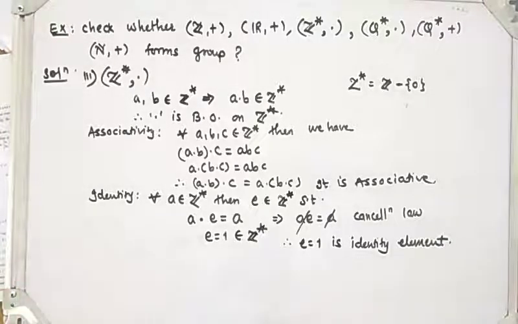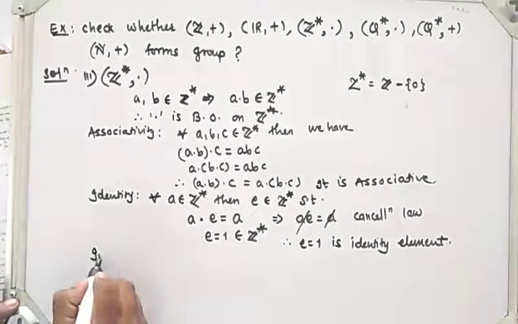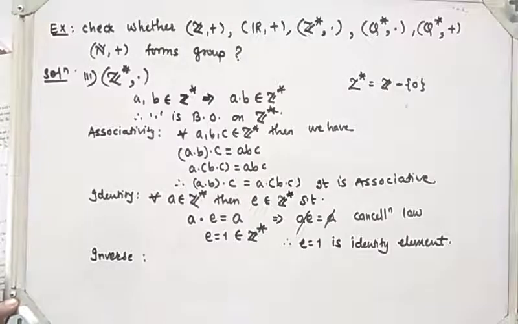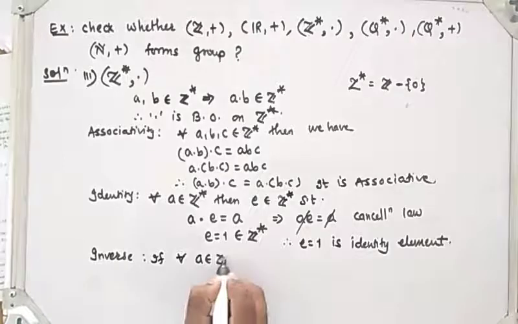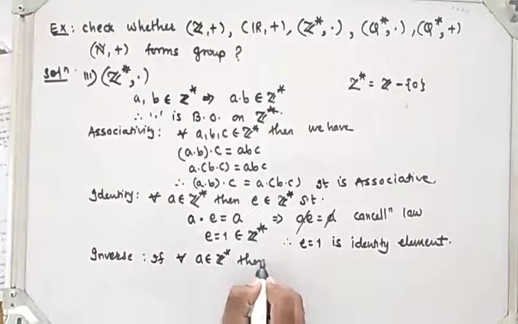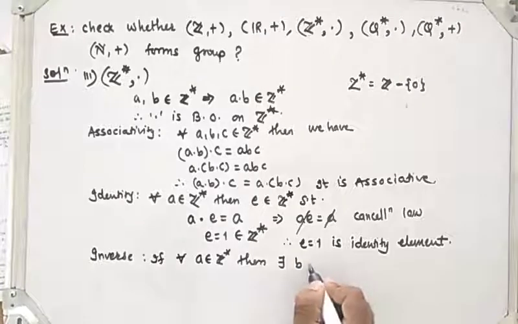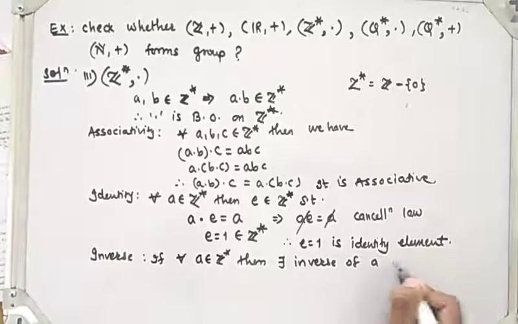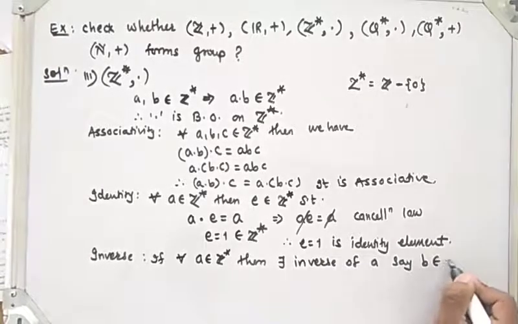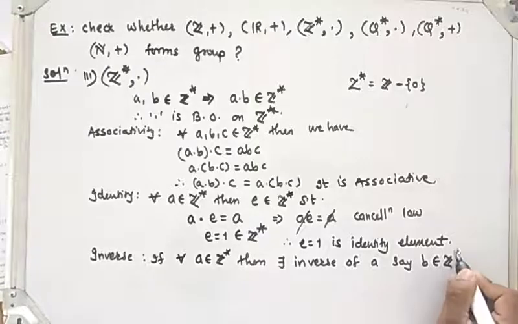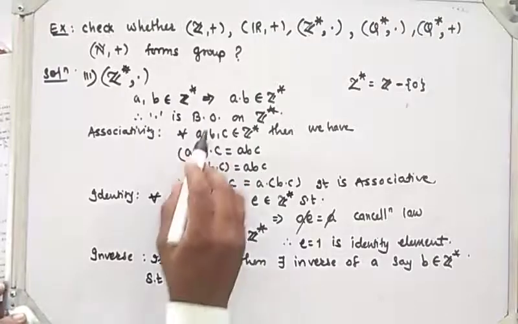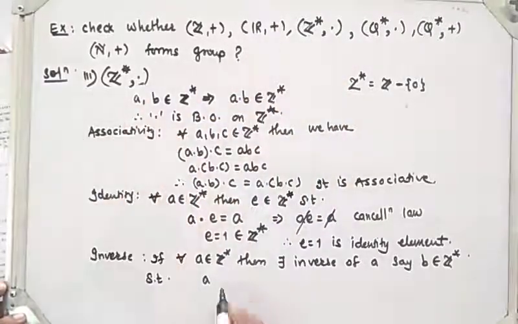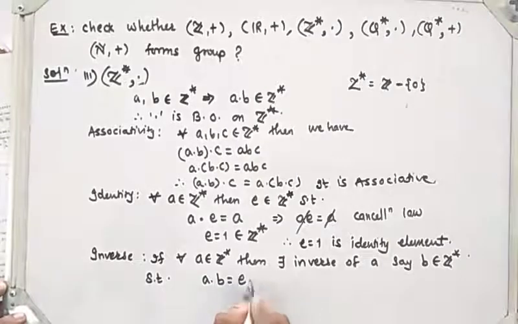Now to find the inverse. What is the definition? For all a belonging to Z star, there exists an inverse of a, say b, also belonging to Z star, such that a into b is equal to the identity.